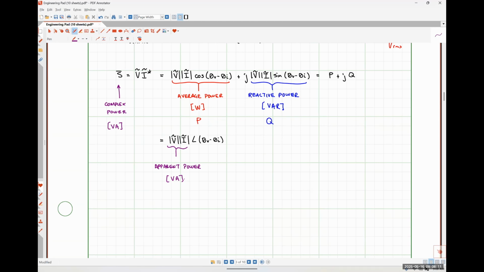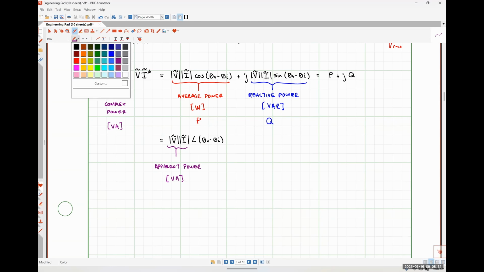We're not accounting for any kind of phase difference that could cause the overall power level to fall lower. So this is why we use apparent power as a basis for design. It represents the absolute maximum amount of power draw that we could see using RMS quantities, okay?